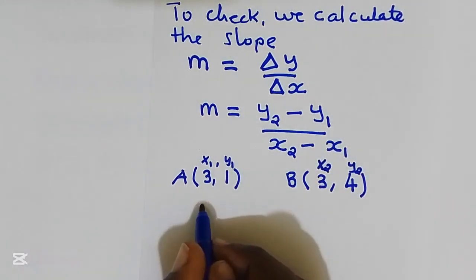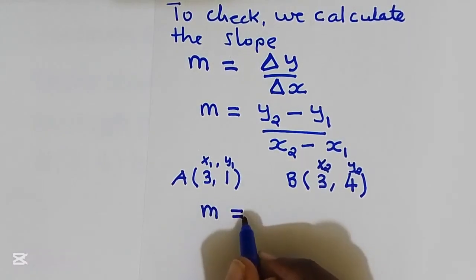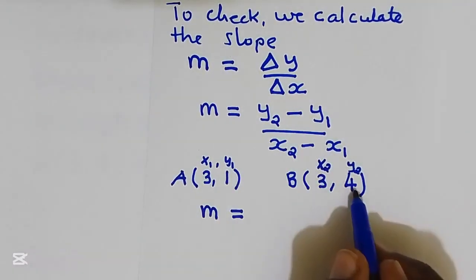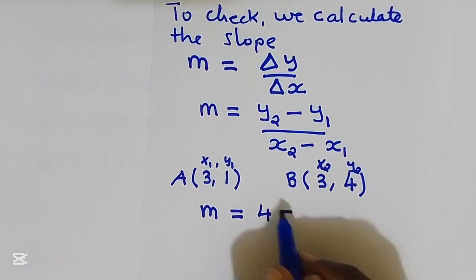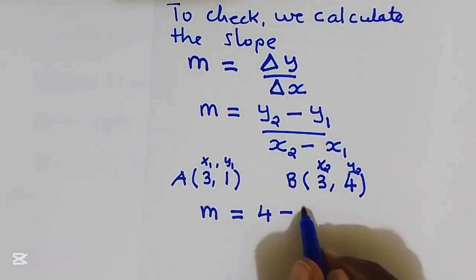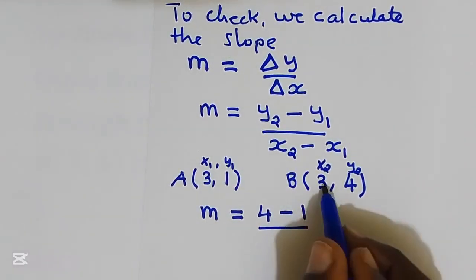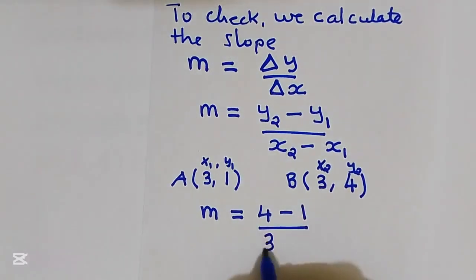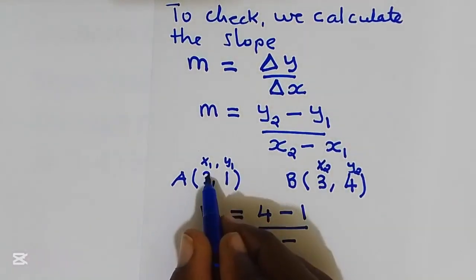We get slope is equal to y2, which is 4, take away y1, that is 1, over x2, which is 3, take away x1, which is also 3.